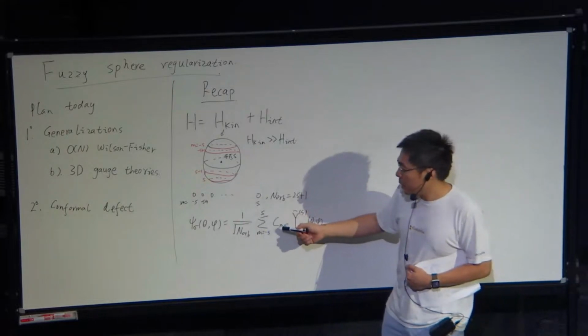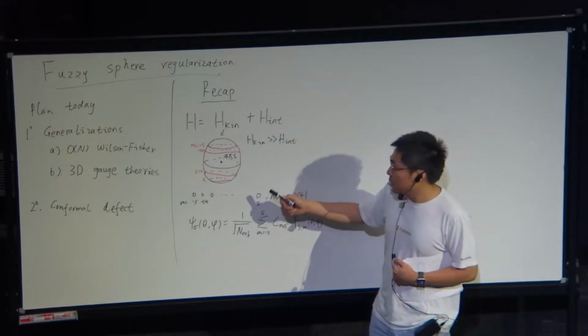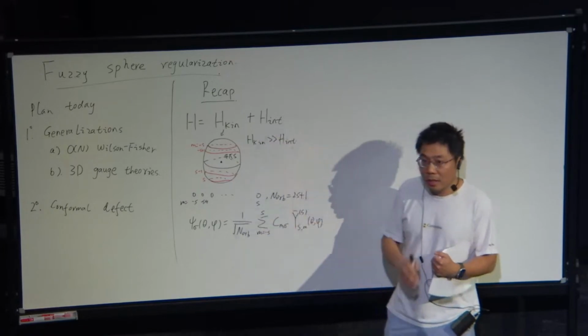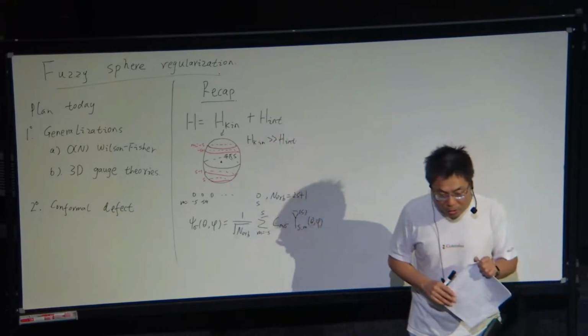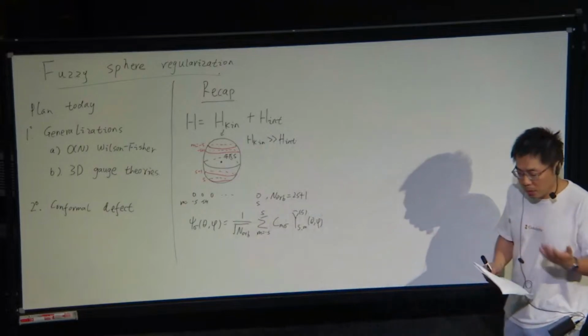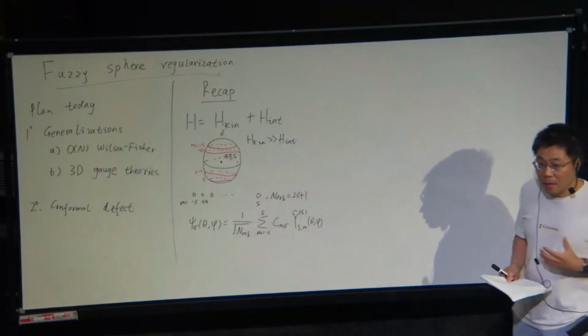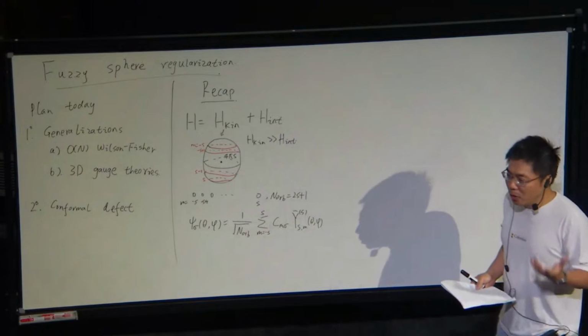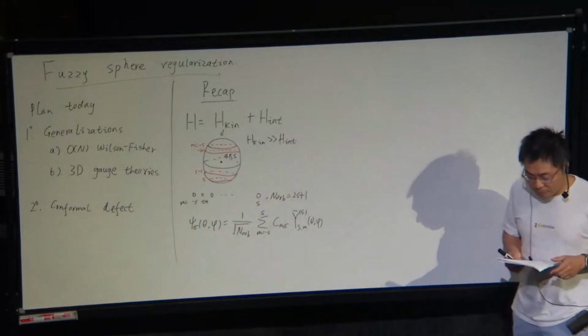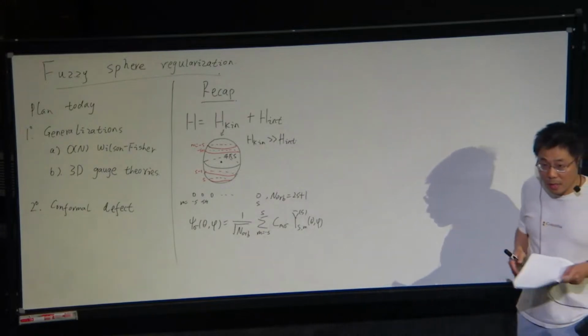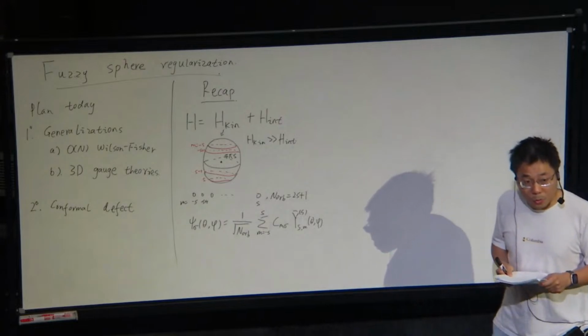Then you plug this into the interaction and do some integrals involving spherical monopole harmonics. You end up with a second quantized Hamiltonian, which involves 3J symbols in general. Okay, that's how this fuzzy sphere regularization works.